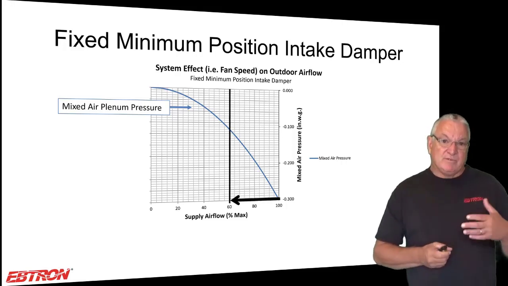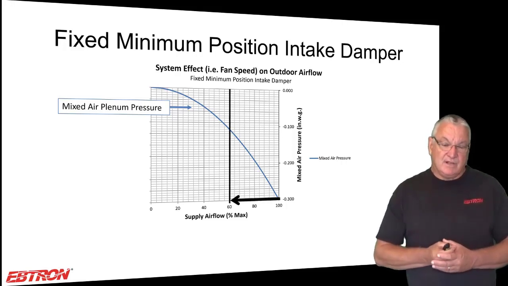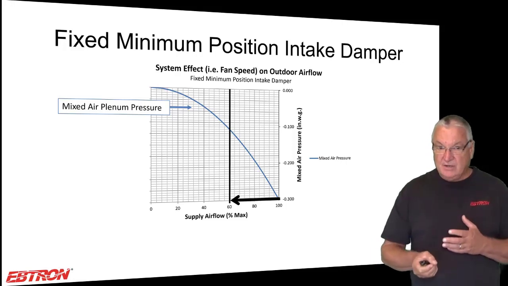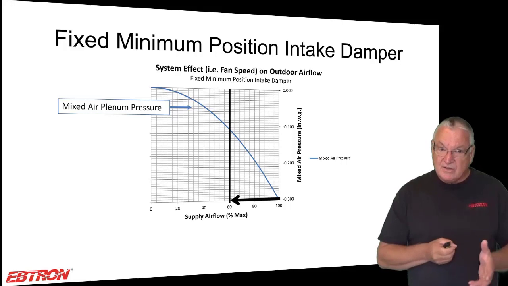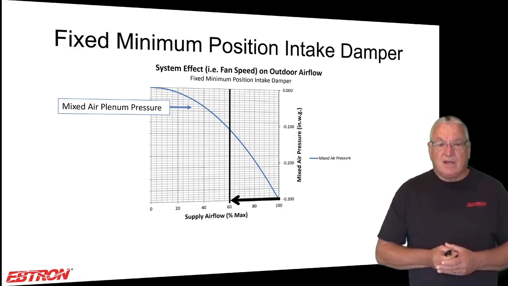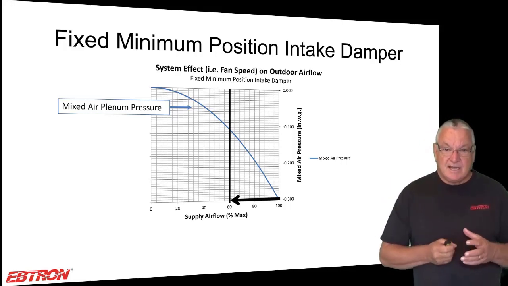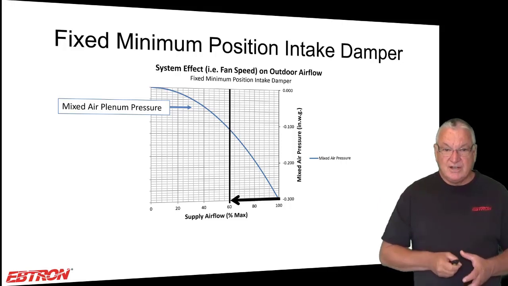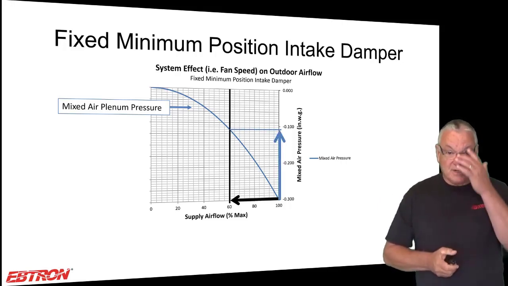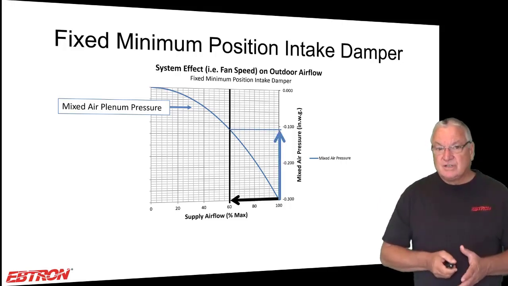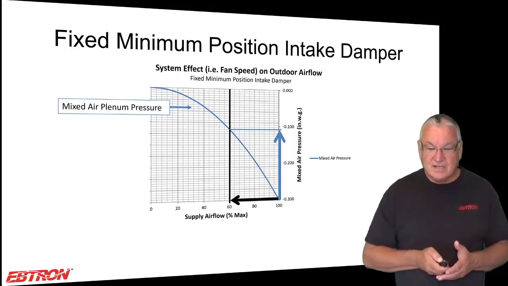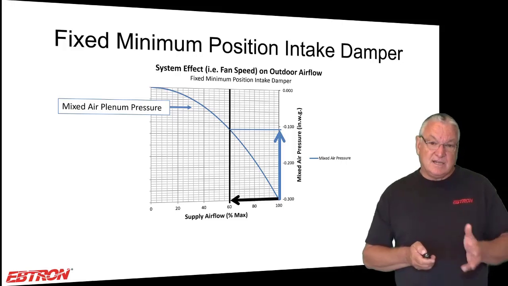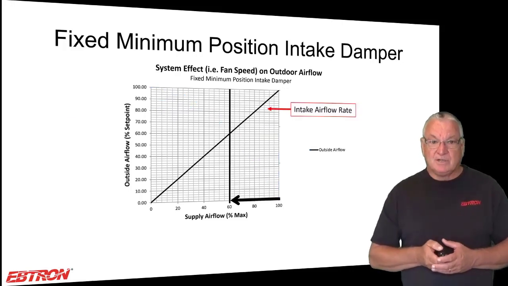Well, if we reduce that supply fan flow, whether it be VAV or multi-speed constant volume fan coil, any of those that change speed, that mixed air plenum pressure will change. In this case, it changed about 2/10 of an inch. Not exactly 2/10, but for this conversation, 2/10 is good enough, as the supply airflow dropped.